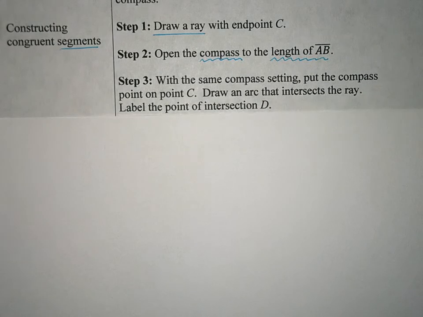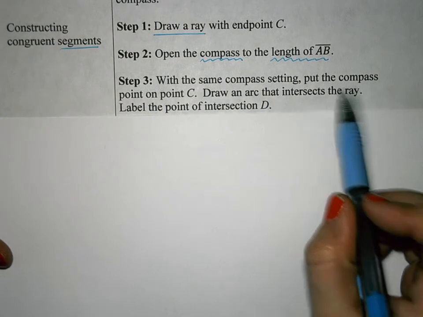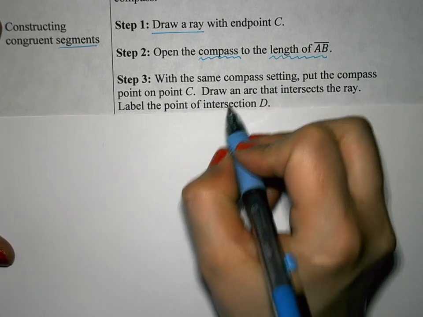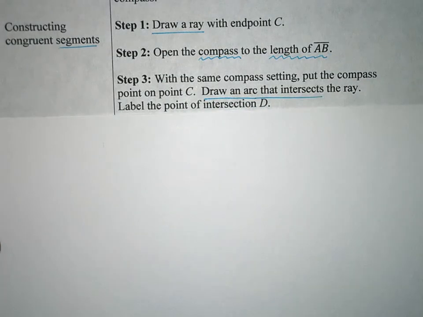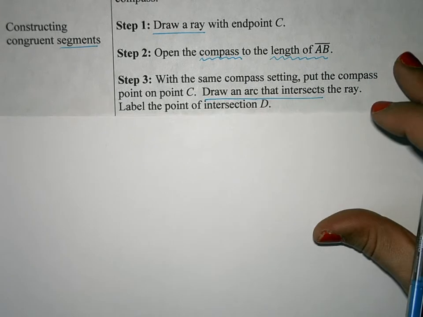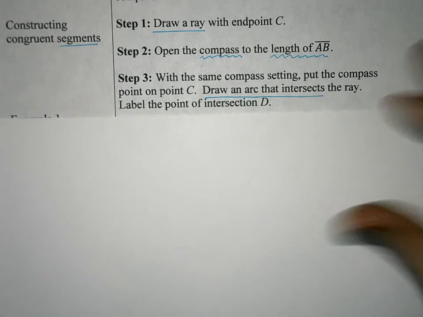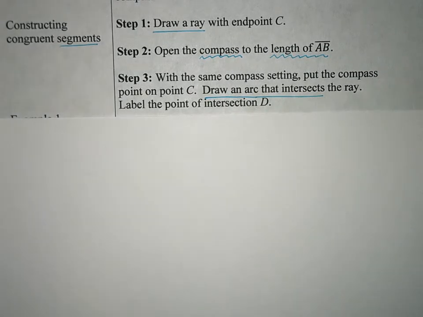And then with the same compass setting, you're going to put the compass on point C. You're going to draw an arc that intersects the ray, and that intersection point we're going to call D. So write down the steps, and then we will do a problem using the steps.